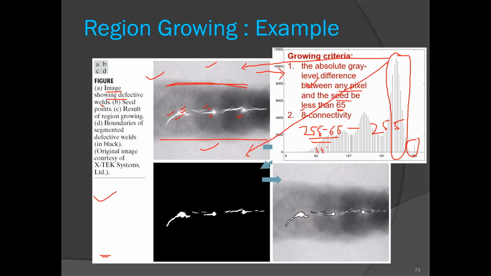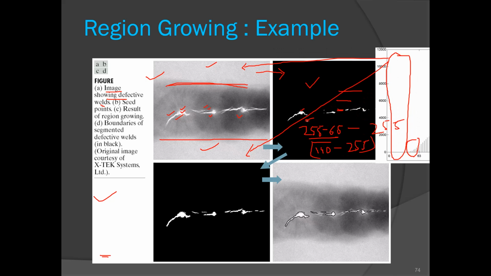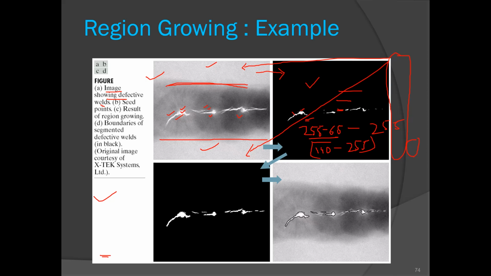So 190 to 255 intensity values will be considered, and we are considering 8 connectivity. Those pixels should be connected to the seed points, and their intensity value should be in the range 190 to 255. So we have successfully found those regions.